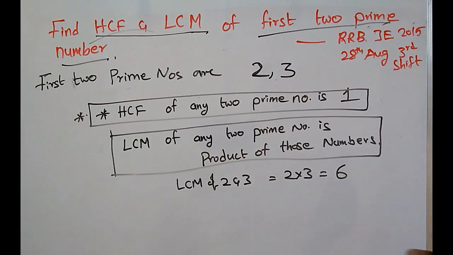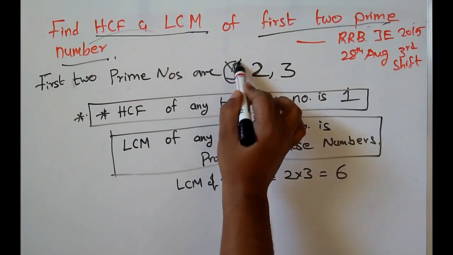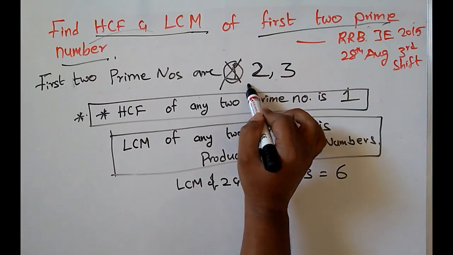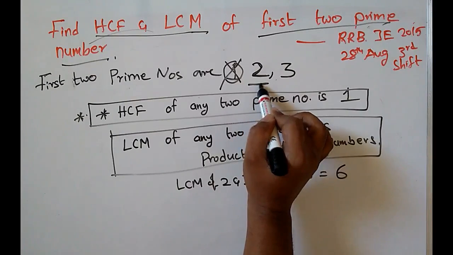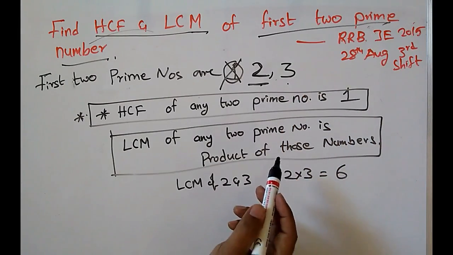What are the first two prime numbers? It's not 1, friends. It's not starting from 1. Prime numbers start from 2. 2 and 3 are the first two prime numbers.